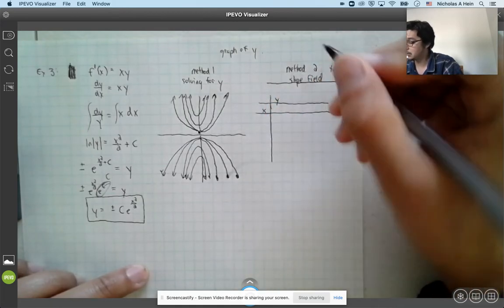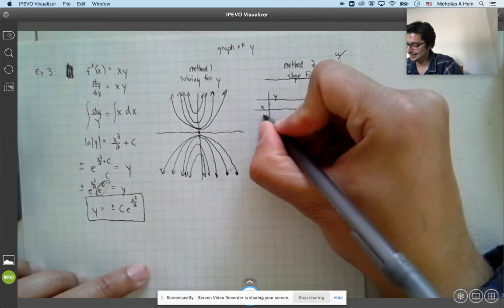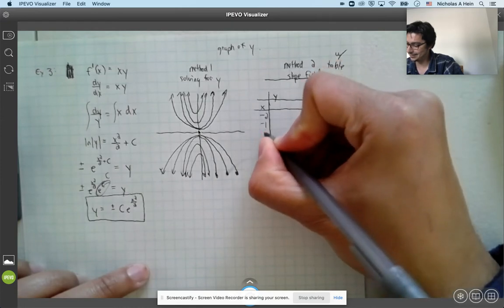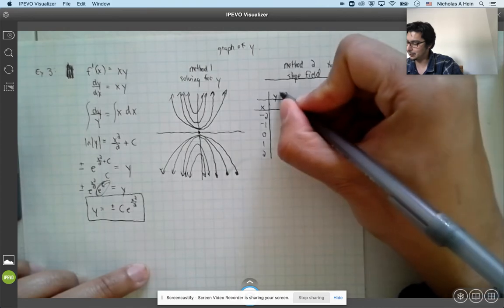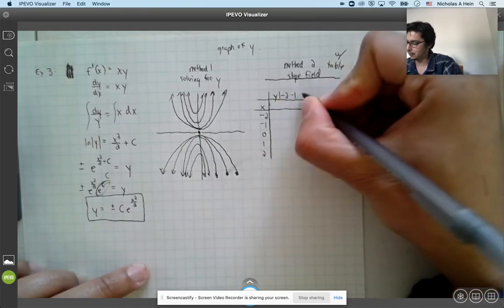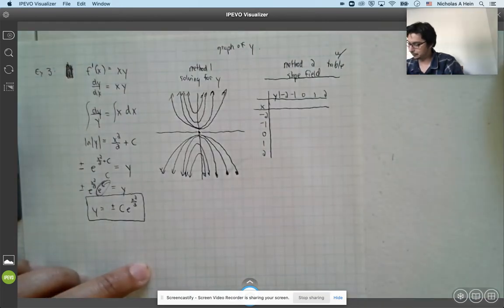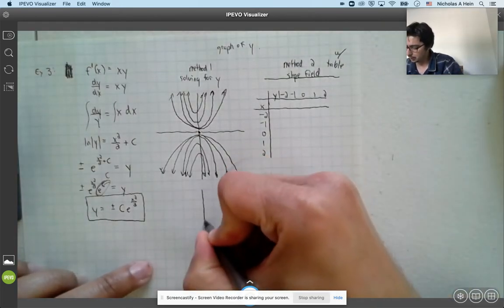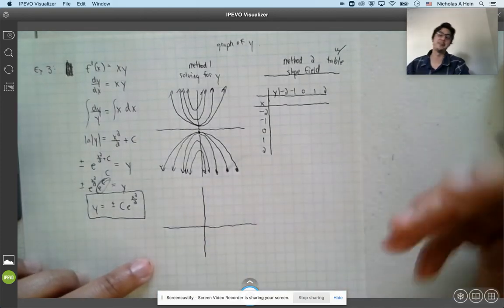Let's go -2, -1, 0, 1, 2. And then our y values will do -2, -1, 0, 1, 2. Okay, so this is going to be interesting. I think I made my table kind of complicated, but no big deal.